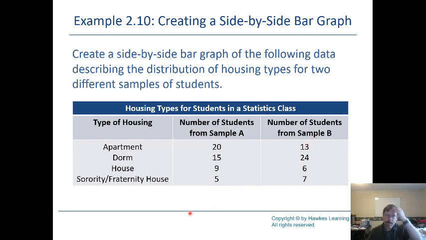So in a side-by-side bar graph for each category, we're going to have one data set and the second data set right next to each other with a little gap in between. So we'd have, for example, in apartments, the 20 apartment bar, then right next to it a 30 apartment bar, and then we're going to need a legend. So go ahead and take a minute and sketch that out, and unpause when you're ready to proceed.